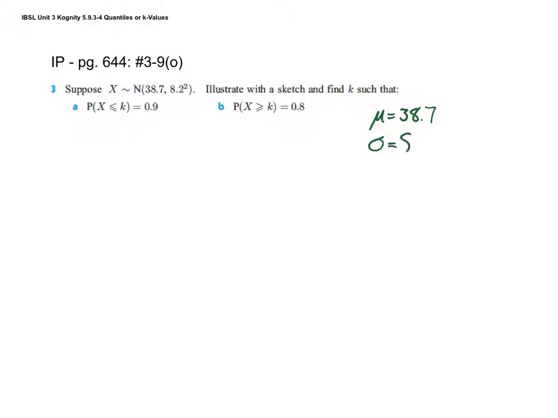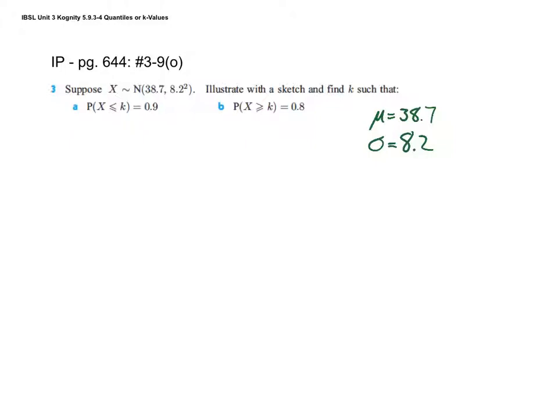Remember, when you're told X is distributed normally, it gives the mean and variance, so you have to square root it. Usually we write it as S squared, but sometimes we don't, so you have to remember.